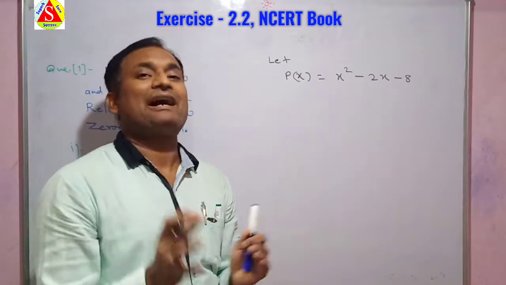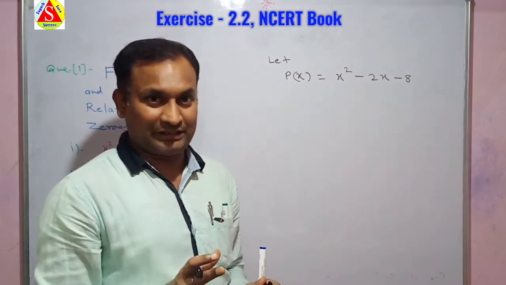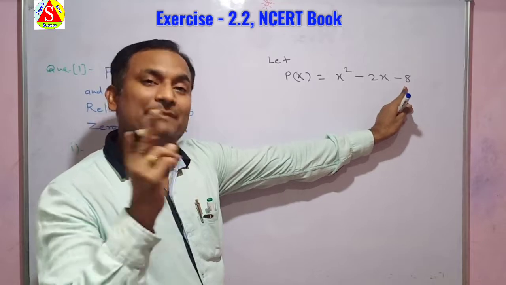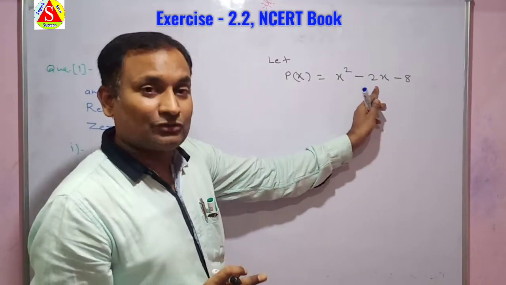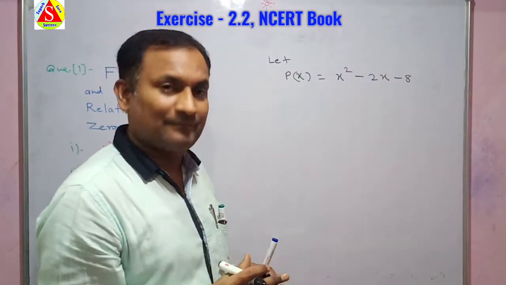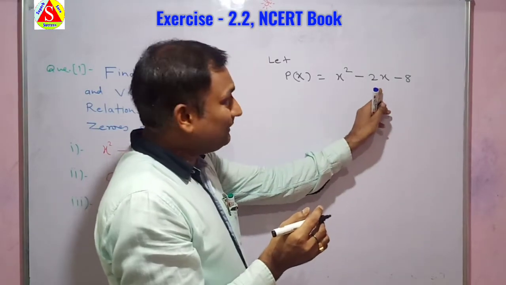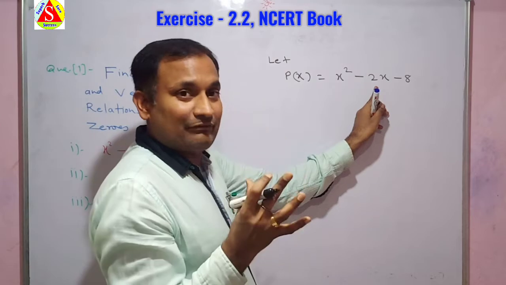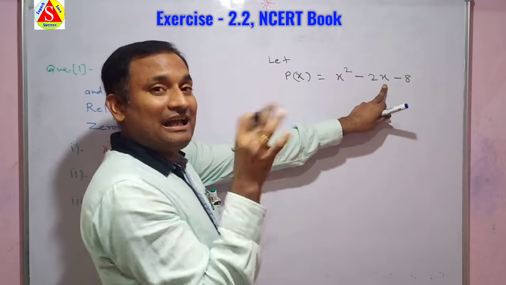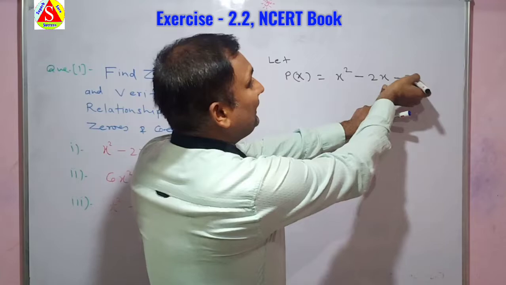To find the zeros of this polynomial, we have to factorize it, and to factorize this quadratic polynomial we will use the middle term split method. So dear students, here we will split the middle term in such a way that after addition or subtraction we get the middle term, and the multiplication of the coefficients should be equal to 1 into 8.